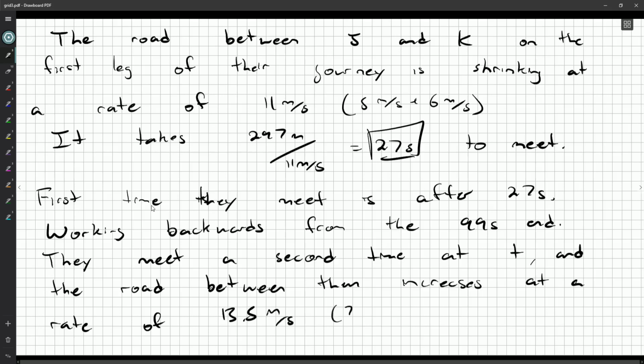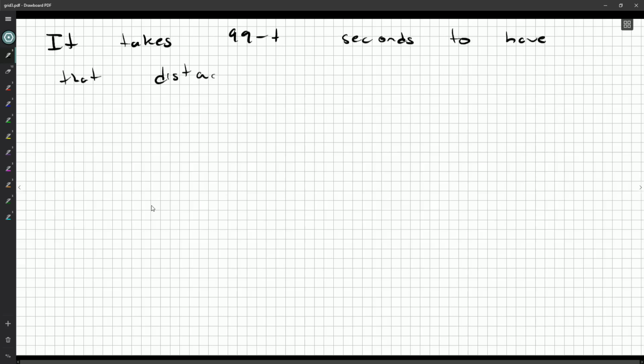Meters per second, this time 7.5 meters per second plus Karuna's 6 meters per second. So it takes 99 minus t seconds to have that distance be the full 297 meters.